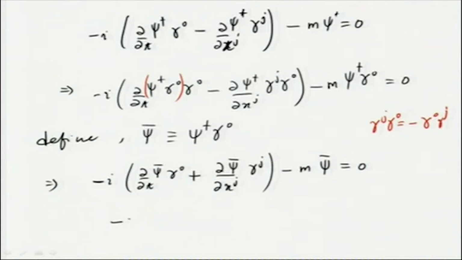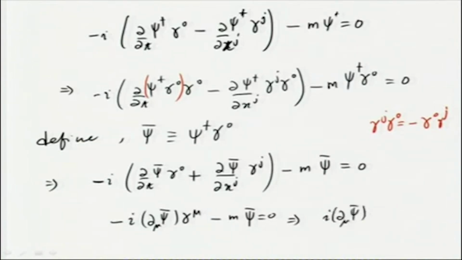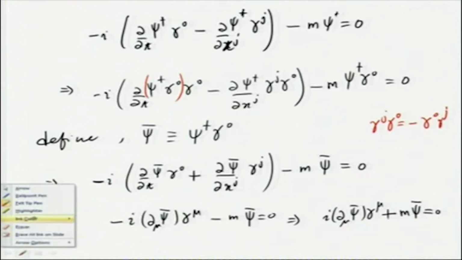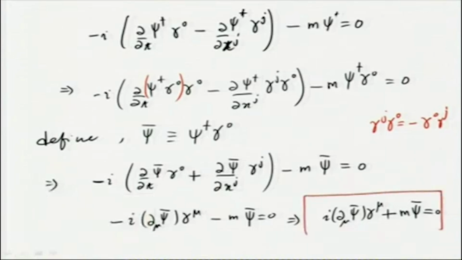So, this is nothing but I dou mu psi bar gamma mu minus m psi bar equal to 0, or I can write it as, taking away the minus sign, I dou mu psi bar gamma mu plus m psi bar equal to 0. So, this is what we will consider as the conjugate equation corresponding to the Dirac equation.